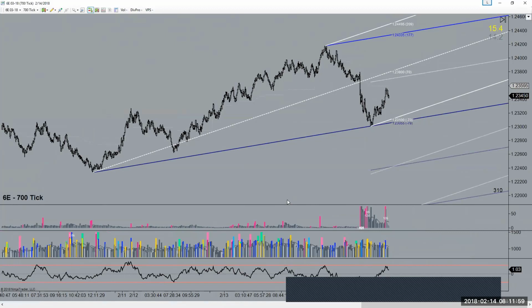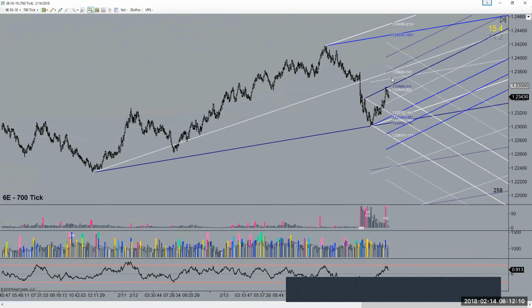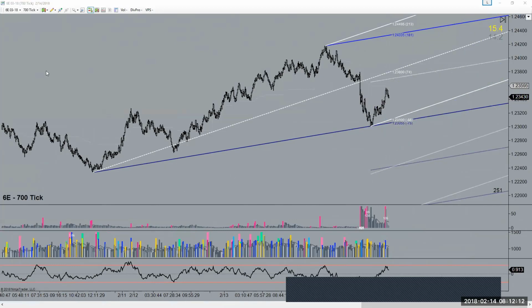I'd be surprised to see it make a new low there, actually, out of a report like that with such a massive rebound.